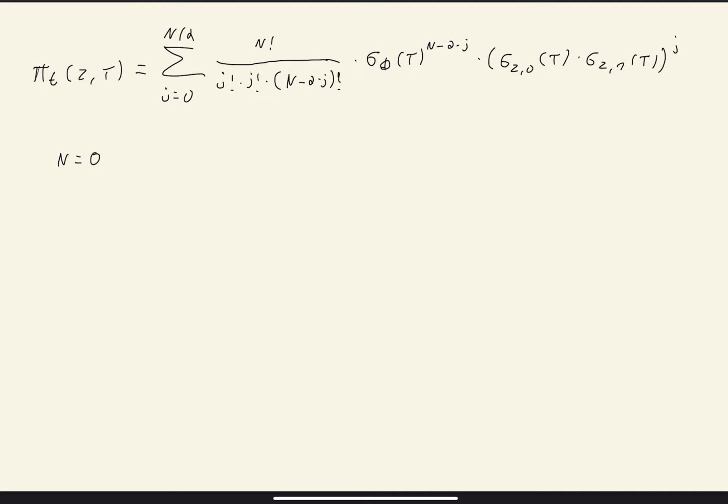So the sum is then simply going from j equal to 0 to 0 of 0 faculty divided by j faculty times j faculty times (0 minus 2j) faculty times sigma phi tau by the power of 0 minus 2 times j, times, yeah, we can copy this one here.